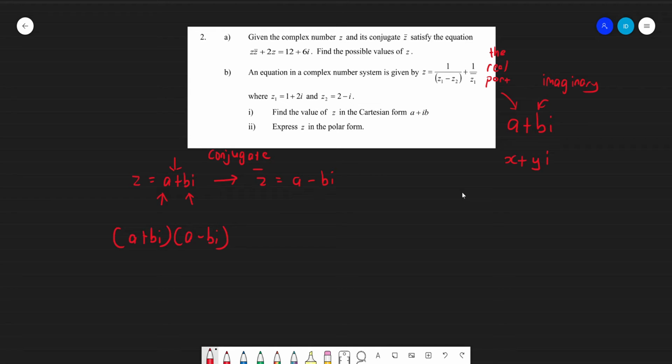So this represents z times z bar, plus 2 multiplied by the complex number z, a plus bi, is equal to 12 plus 6i. So right now we have already established an equation, and after we simplify the left hand side here, we will be comparing the real part and the imaginary part of the right side. Okay, that is our goal for now.